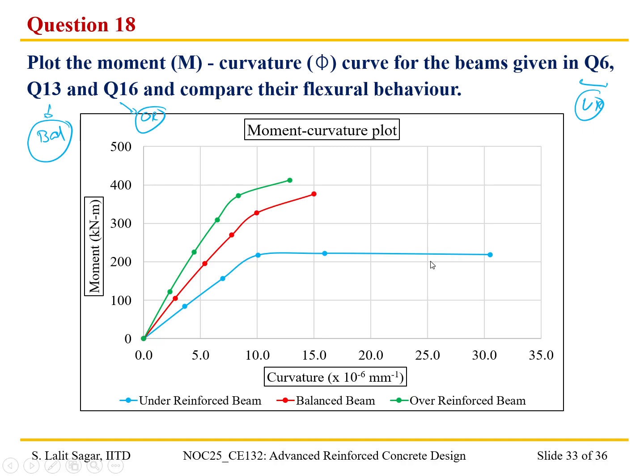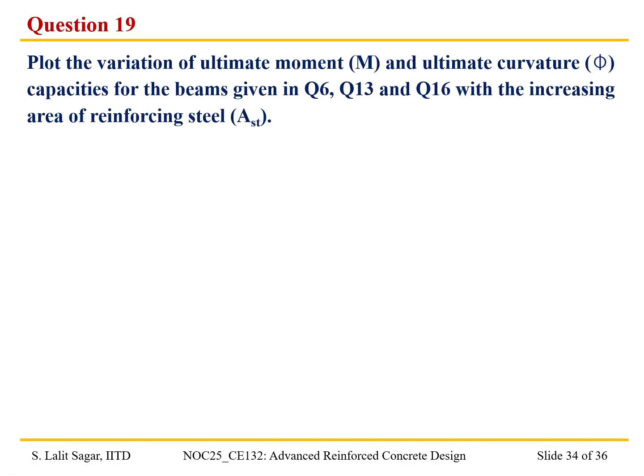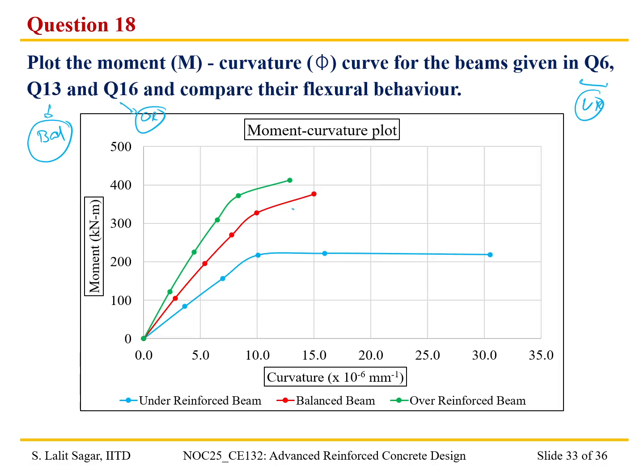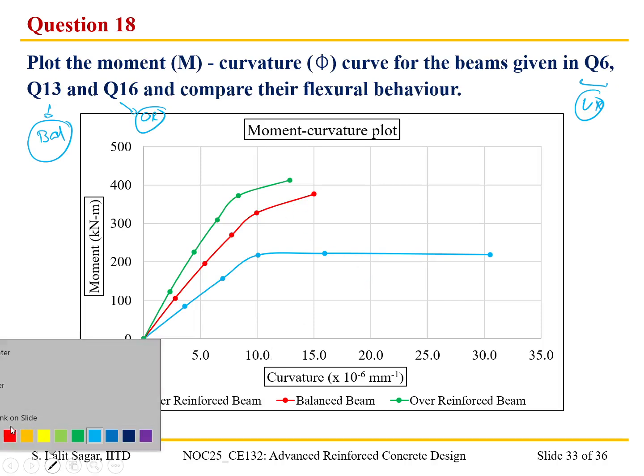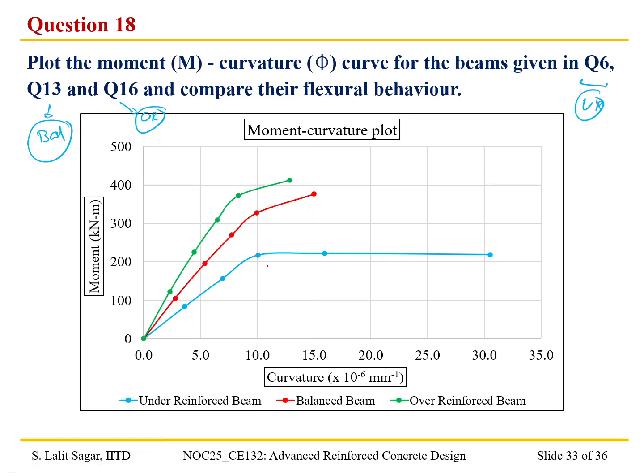So we can see that we have different values of AST, right? So I'm going to just recap the AST once again. For the under reinforced section, AST was 1256.64 mm square.